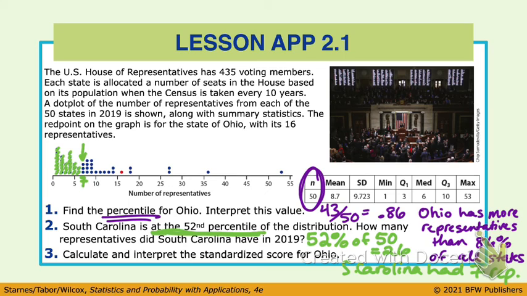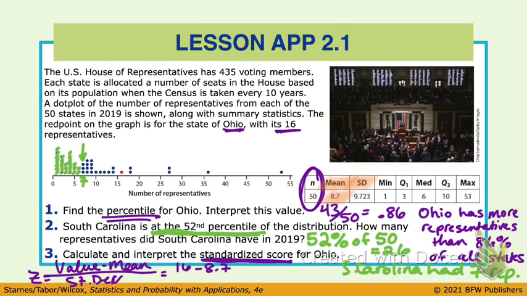All right, now we're going to calculate a standardized score for Ohio. So that's going to be our z-score. It's the value minus the mean divided by the standard deviation. And so Ohio's value we saw earlier was 16. Ohio has 16 representatives. We're going to subtract the mean of this distribution, which is 8.7.